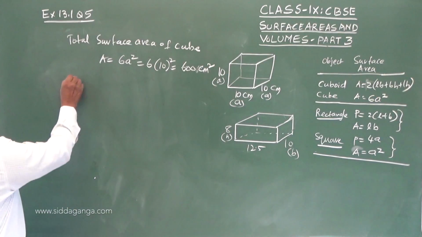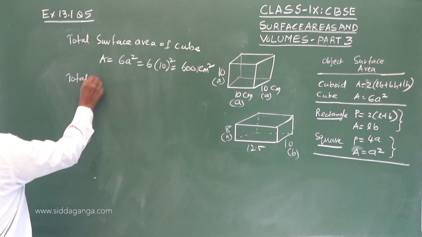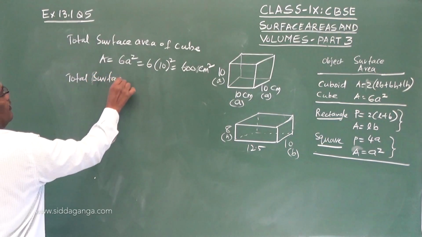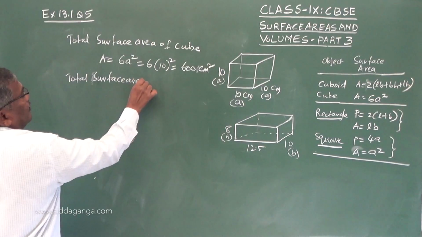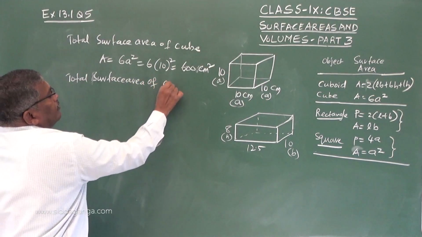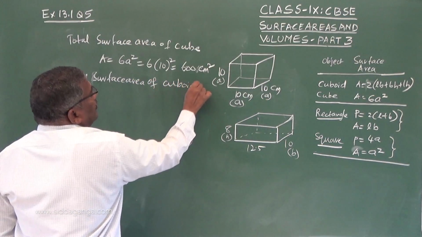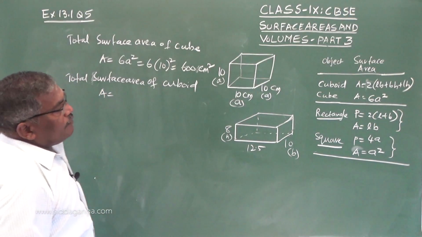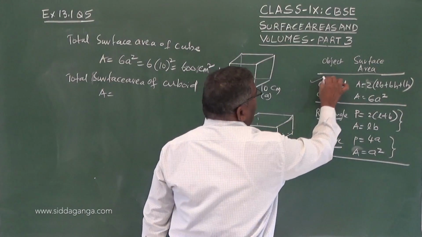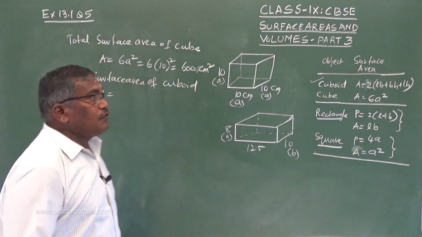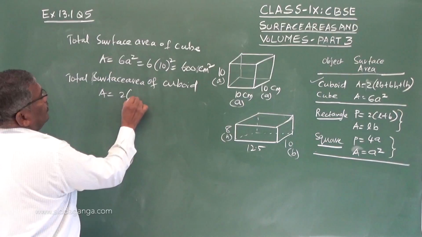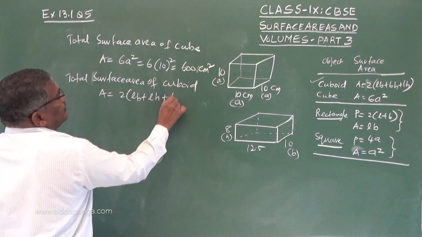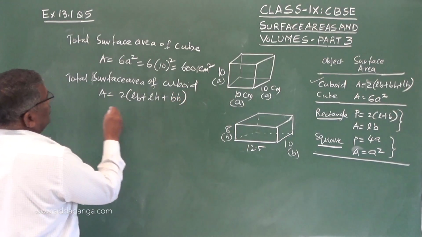Now total surface area of cuboid equals, so total surface area we will go by this formula, all 6 faces, 2 into LB plus LH plus BH.